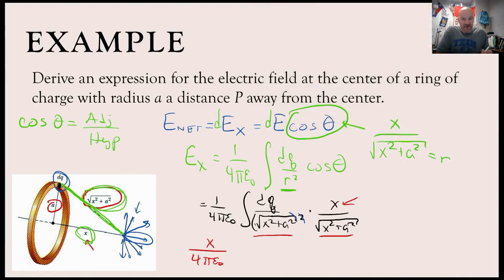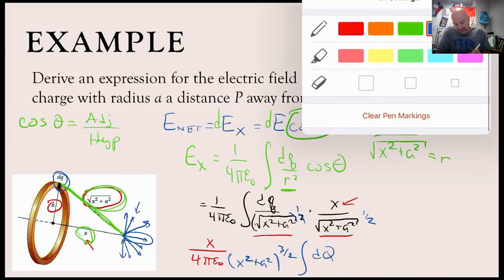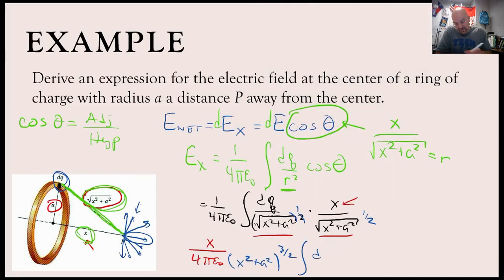So you have x squared plus a squared to the 1/2, and rewriting, that's 1 plus 1/2, which is 3/2. Sorry, I keep going back and forth with big Q and little q. This actually makes it very simple because now our integral is just Q, the integral of dq.